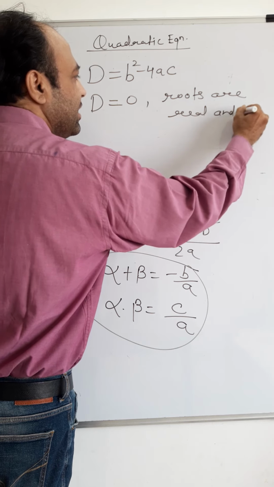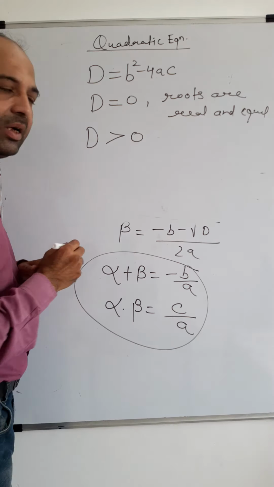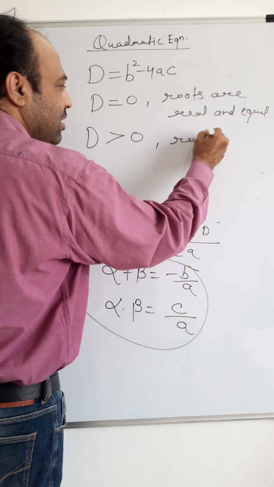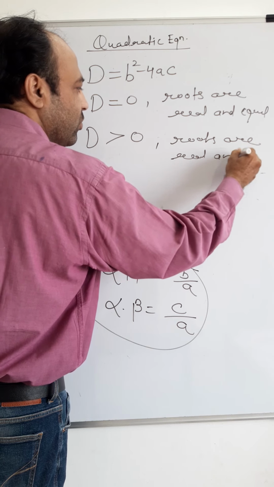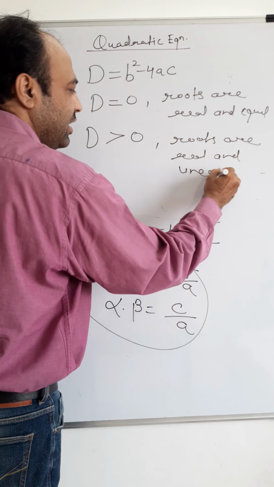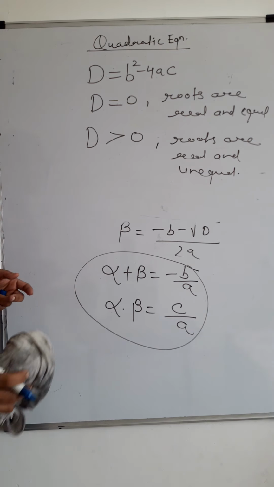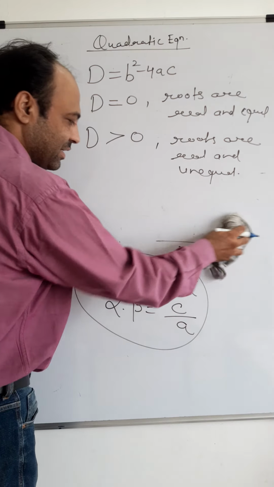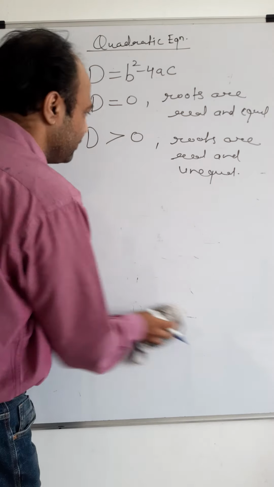Remember, D greater than 0, roots are real and unequal, or different you can say, distinct you can say. Roots are real and distinct or unequal. Fine? When D greater than 0.